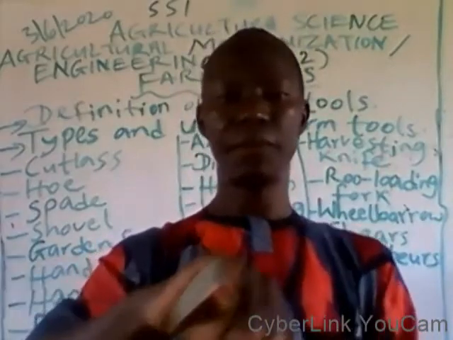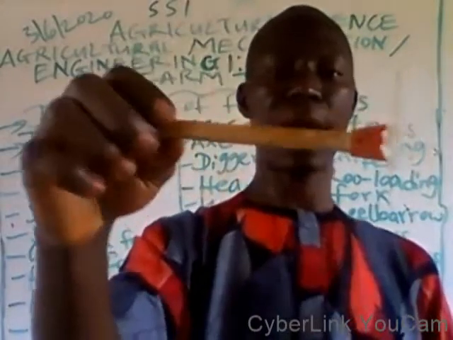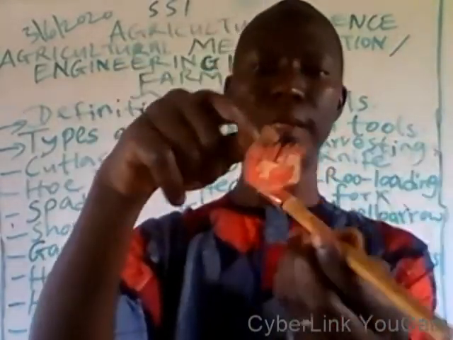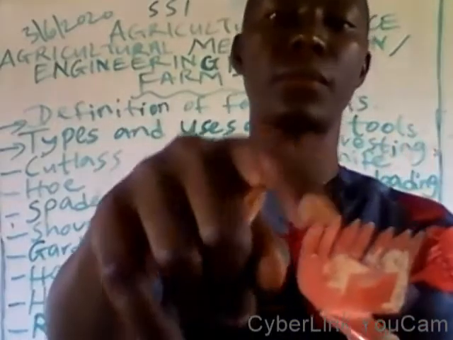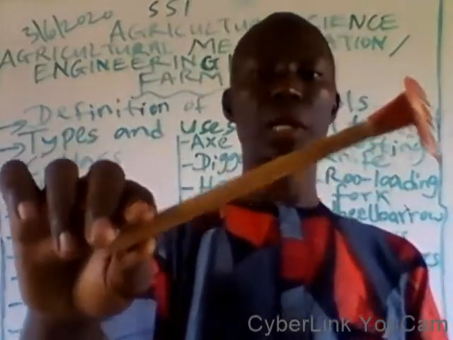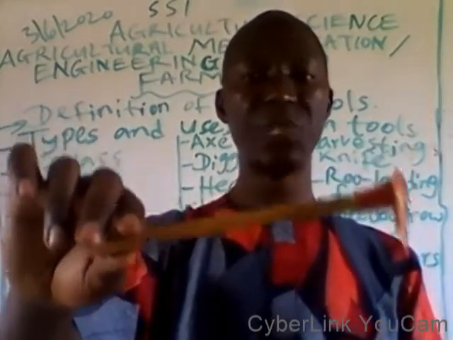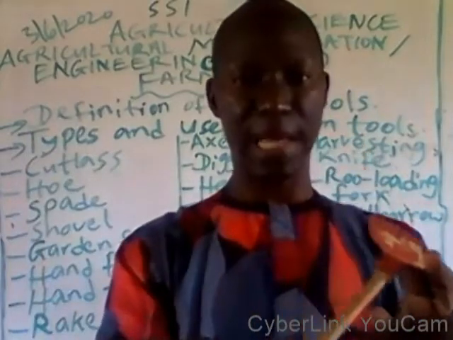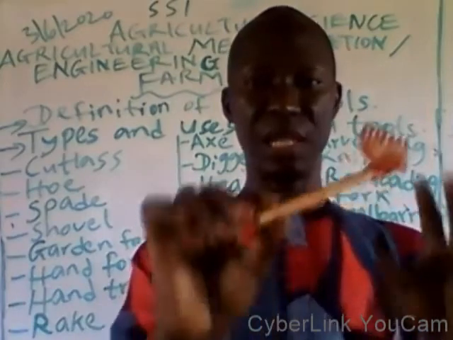We have the rake. Look at it. It also has prongs. I told you that each of them is called a prong. The rake is used for covering of vegetable seeds after broadcasting, and also used for removing stones and weeds from seed beds.